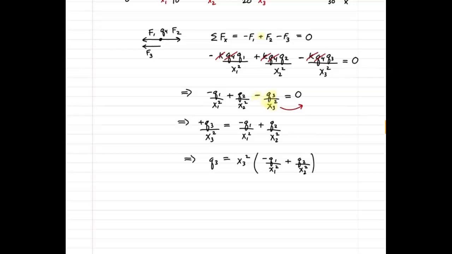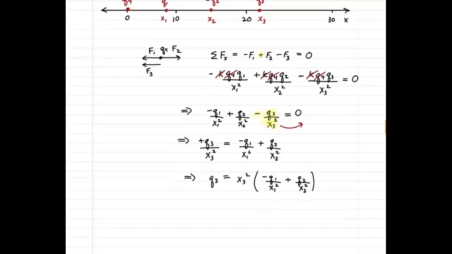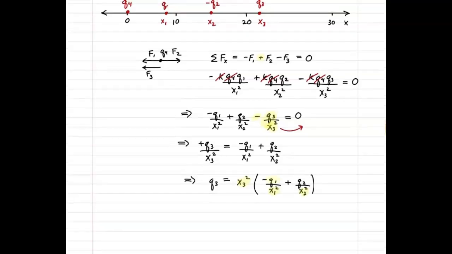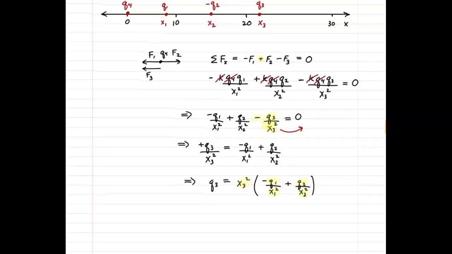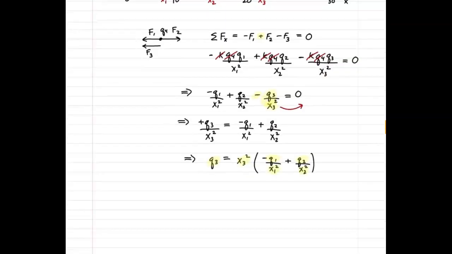What you notice though is that since we have X3 squared on the top and then something with distance squared on the bottom, the units will cancel. That means whatever units Q1 and Q2 are will determine the units for Q3. So we don't have to change units for Q1 and Q2. We can just put them in.